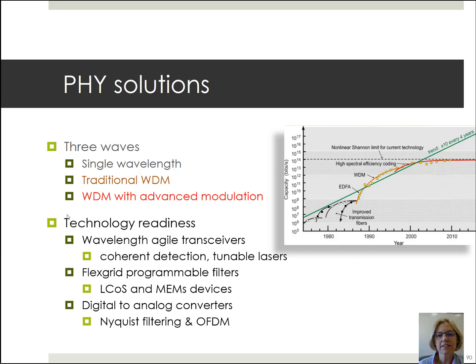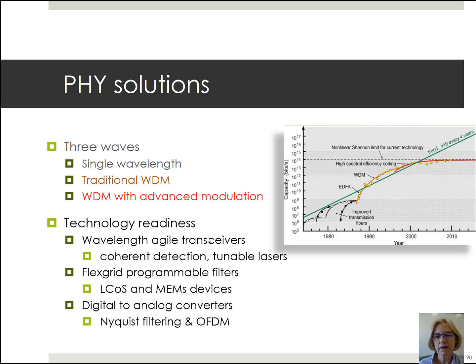So I talked about the technology readiness coming from these moves to advanced modulation. And the readiness was in what we call wavelength agile transceivers, that these transceivers are able to work on any assigned wavelength.